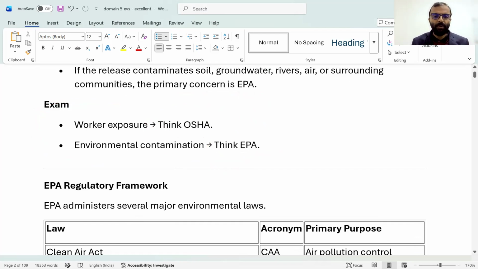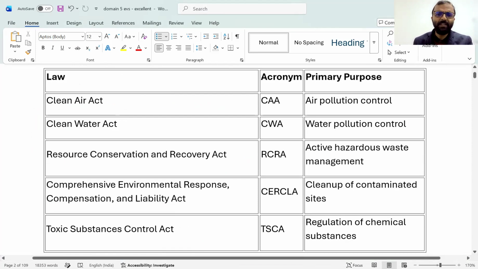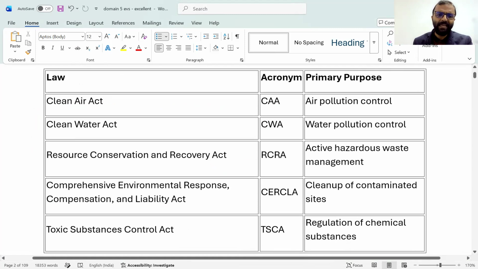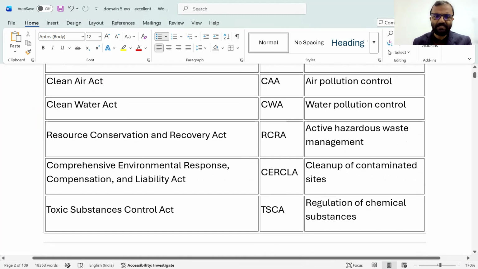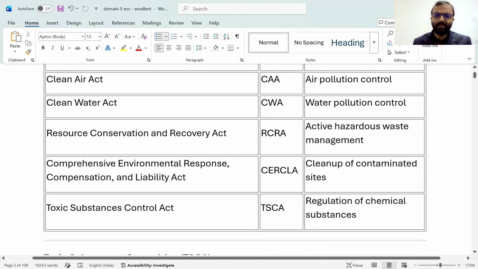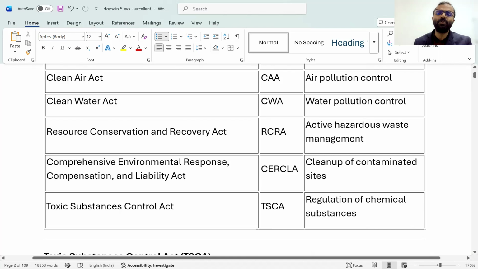Now, the environmental protection framework. These are very, very important laws that you need to understand. Various laws are there, and a question will definitely come from these laws. Clean Air Act, Clean Water Act, Resource Conservation and Recovery Act (RCRA), Comprehensive Environmental Response, Compensation and Liability Act (CERCLA), and Toxic Substances Control Act (TSCA).